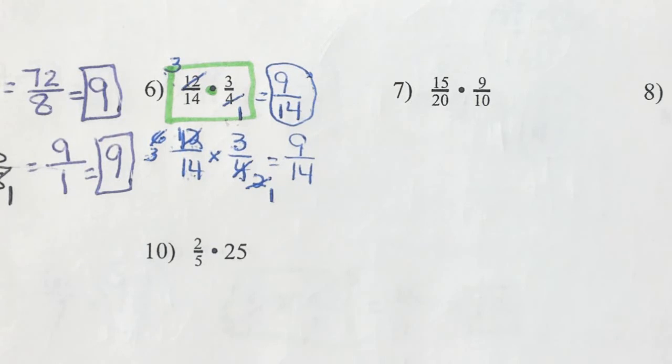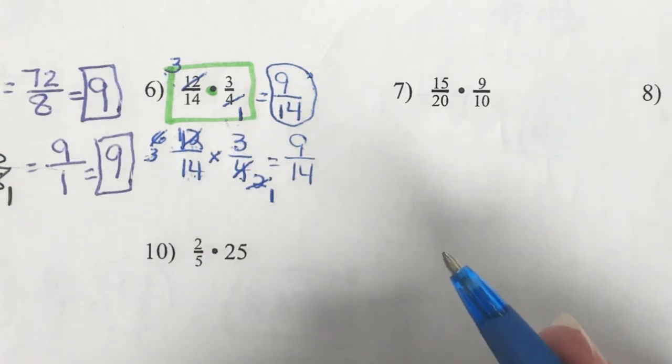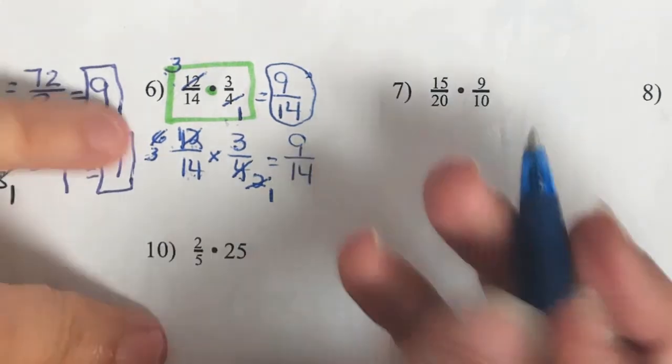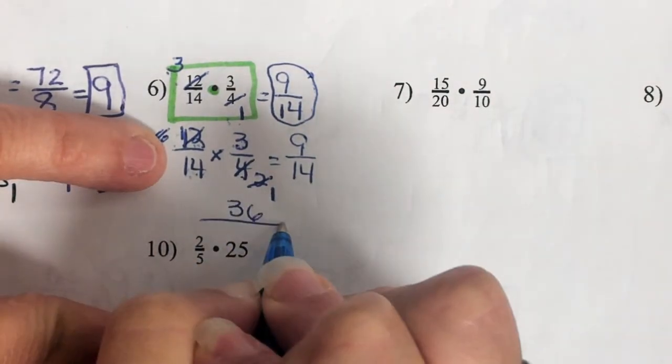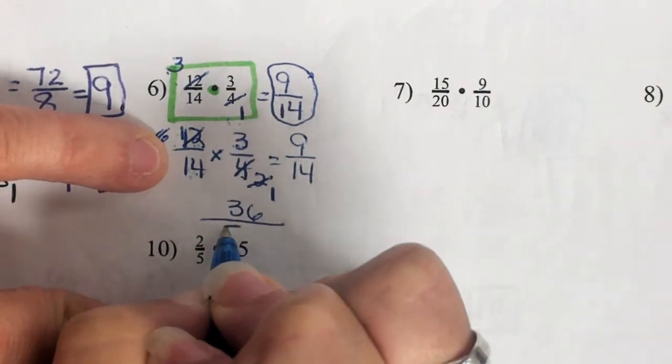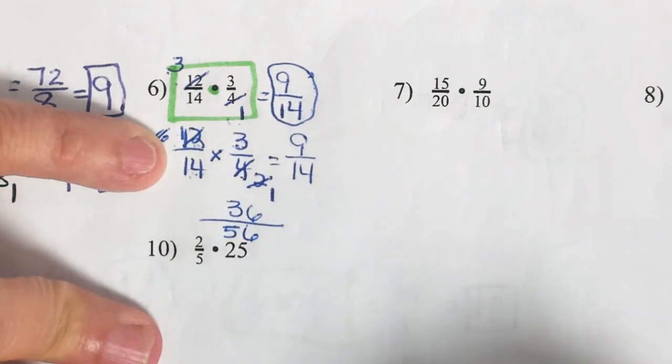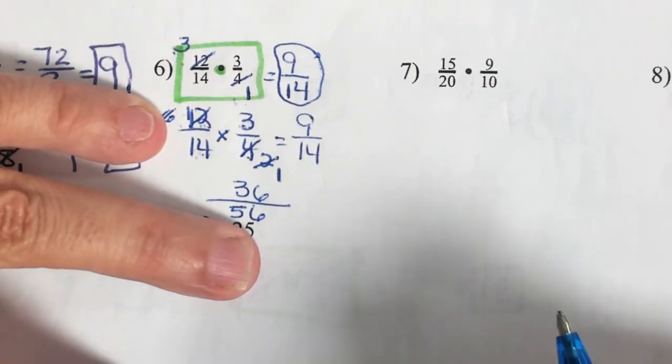However, my answer was 2/3. Go back. I don't like. Okay, so 12 times 3 is 36. That's right. 56. That's right. Then what? And then I divided it by 9.